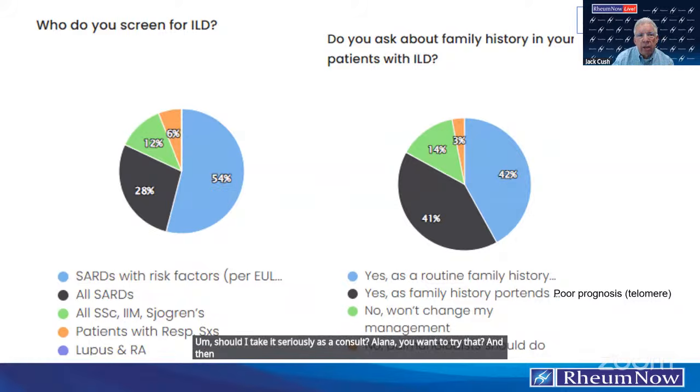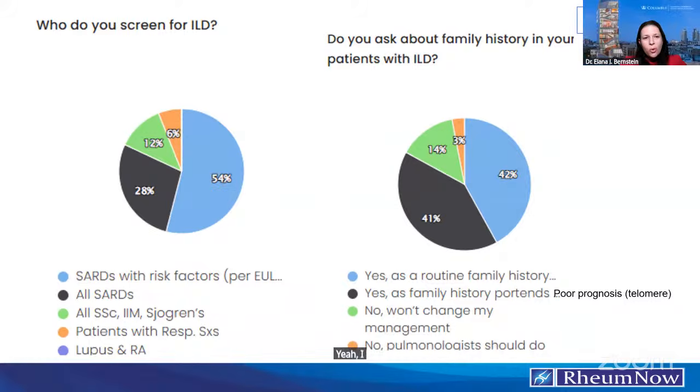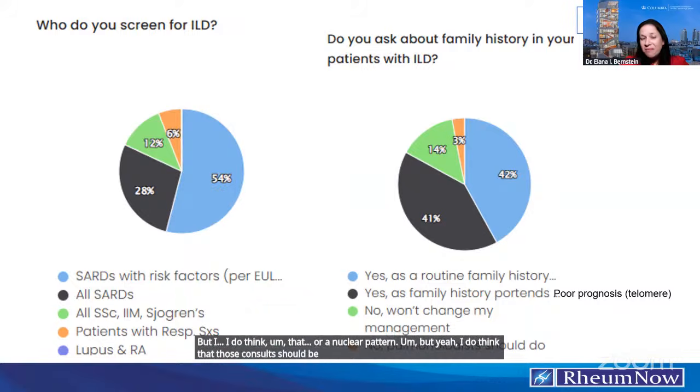And maybe then Shane? Yeah, so ILD plus an ANA doesn't automatically give someone IPAF. It needs to be a respectable titer of the ANA for it to count, or a nucleolar pattern. But yeah, I do think that those consults should be taken seriously.